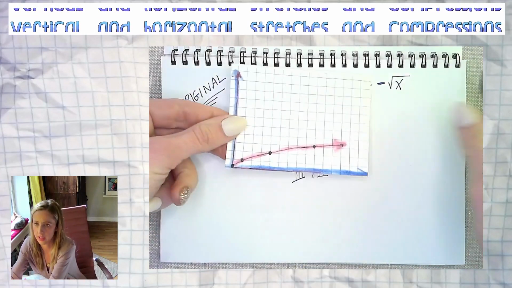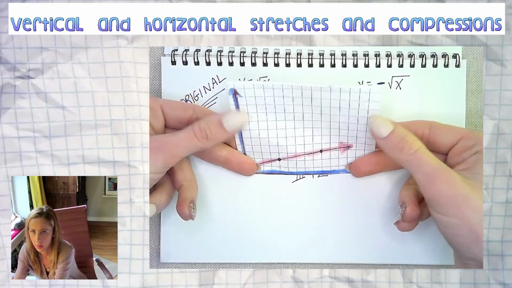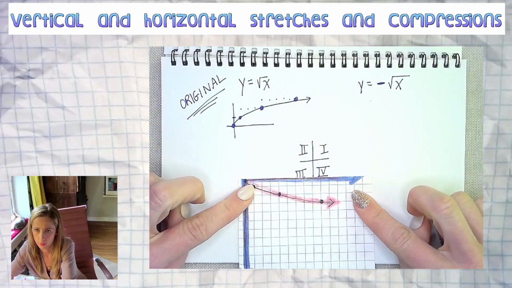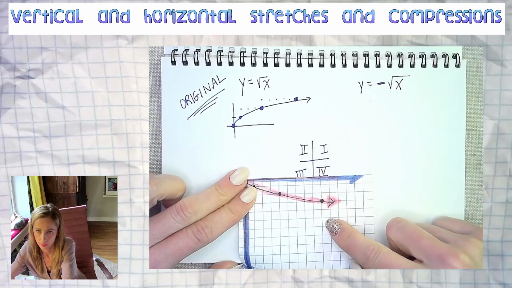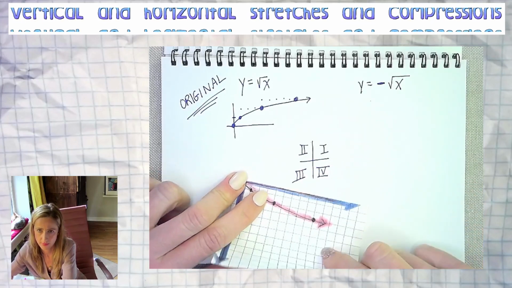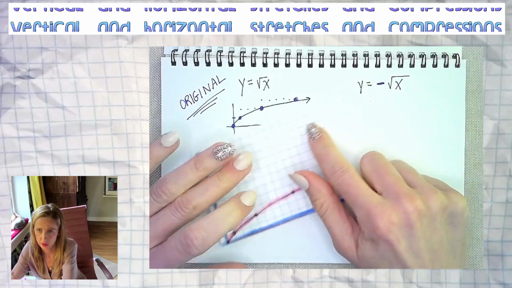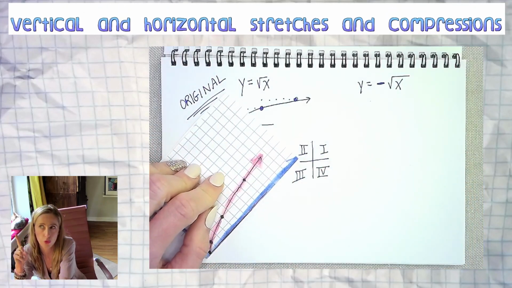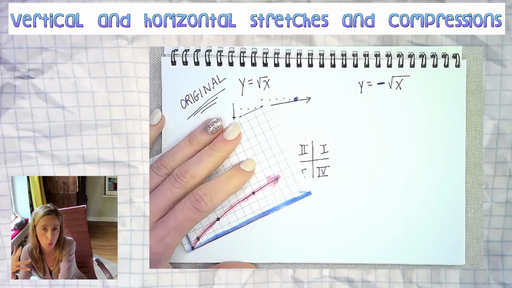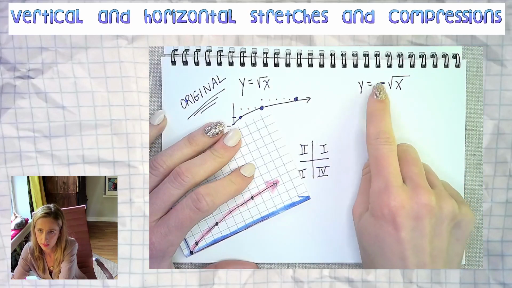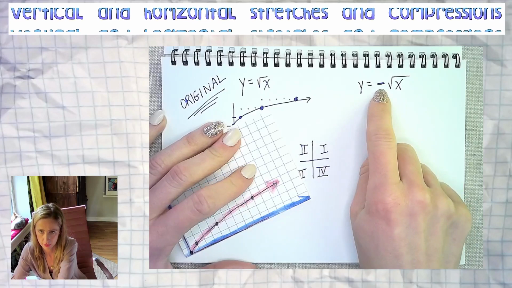So what does that look like? Here it is, right? Boom. Will be this, okay? So it was here, and that flips it vertically. Another way to remember is if you read it like you're reading a sentence, like words, y is negative.